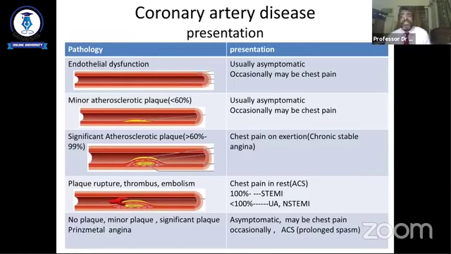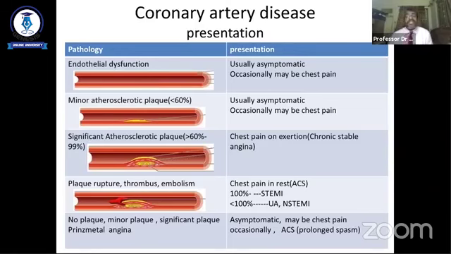So either a significant rise of CKMB or of troponin I, along with some ECG changes like ST changes, is characteristic of non-ST elevated MI.